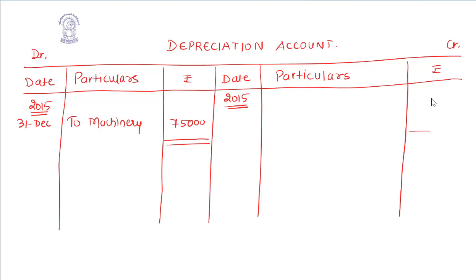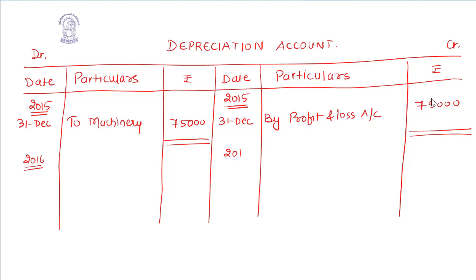Over here, this 75,000 should be transferred to profit and loss account on the same day, that is 31st of December. So by profit and loss account, we have closed for 2015.